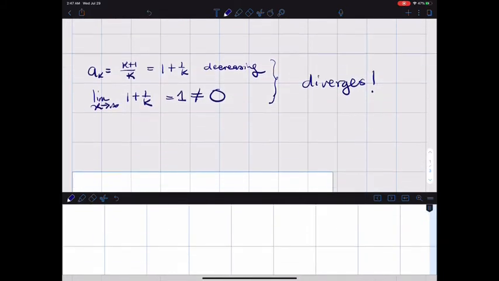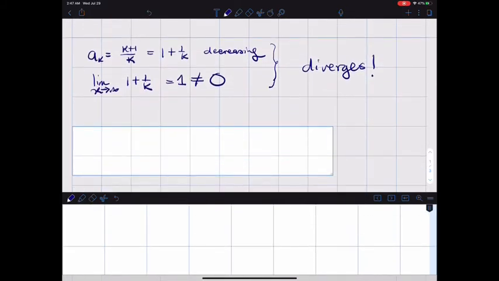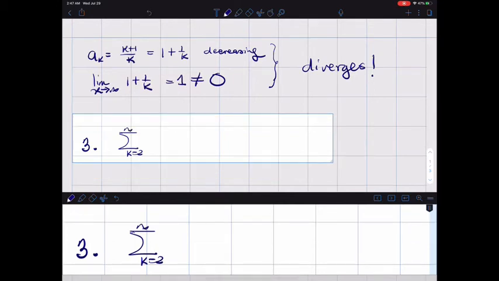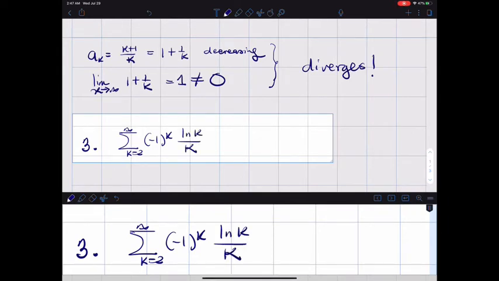Okay, now let's look at another one. I want you guys to actually look at this: the sum from k equals 2 to infinity of -1 to the power of k, natural log of k over k. I want you to show that it's decreasing.